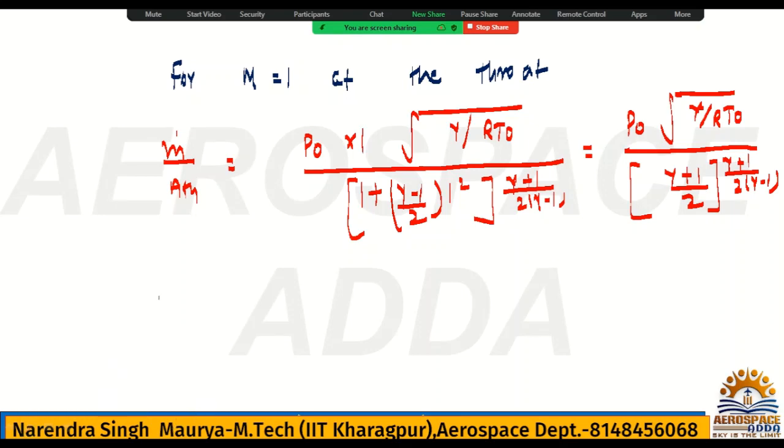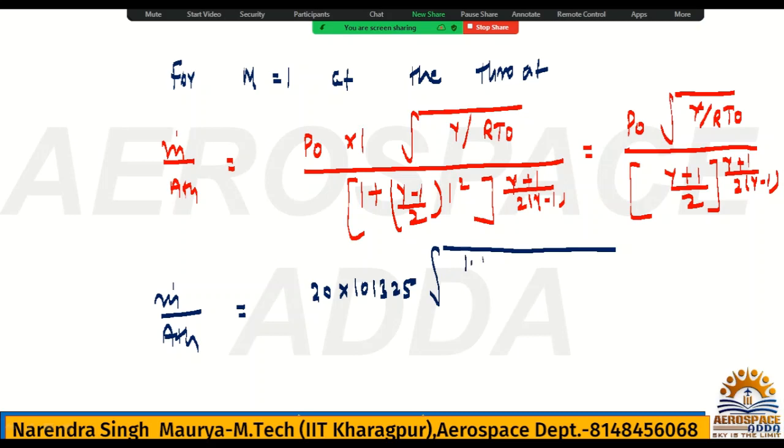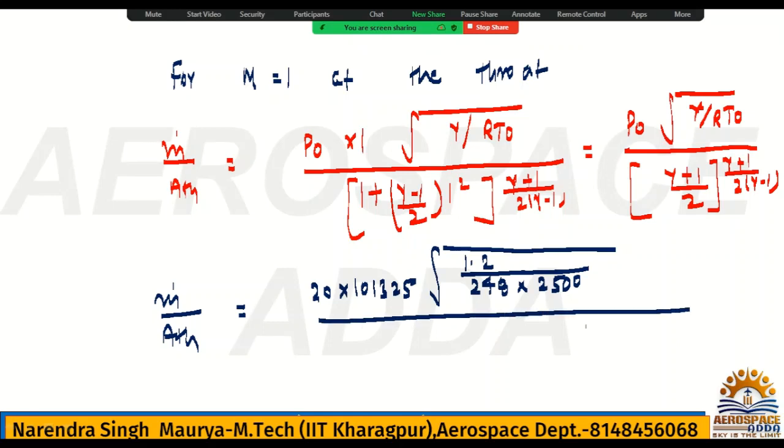Please perform the calculation. If you do this, then you will have m dot by A_th equal to P naught, which is 20 bar, 20 into 101,325, in root gamma, which is 1.2, divided by R, which is 248, and T naught, which is 2500 Kelvin, divided by ((1.2 plus 1) divided by 2) to the whole power (1.2 plus 1) divided by 2(1.2 minus 1).